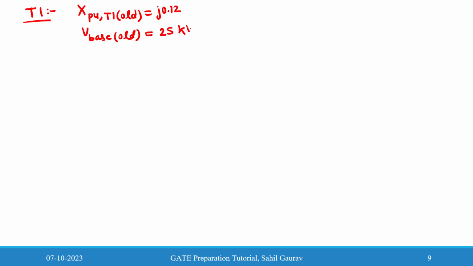So we are finding it on the primary side, the 25 kV side. You can find this reactance on any voltage side based on your convenience. S base old is 90 MVA.